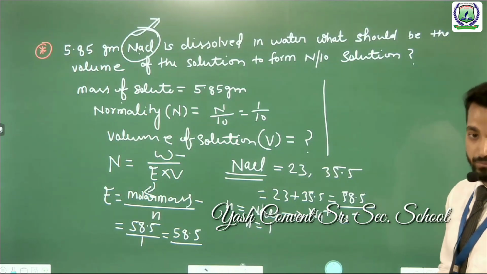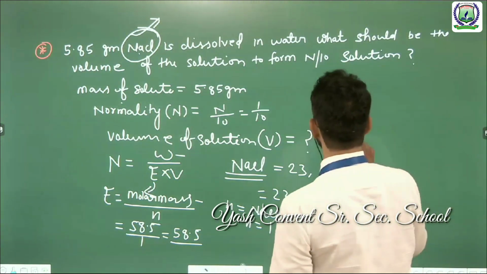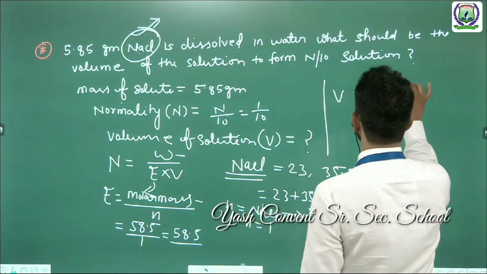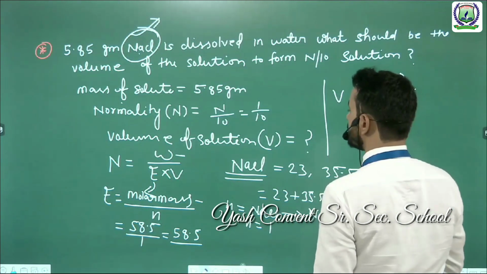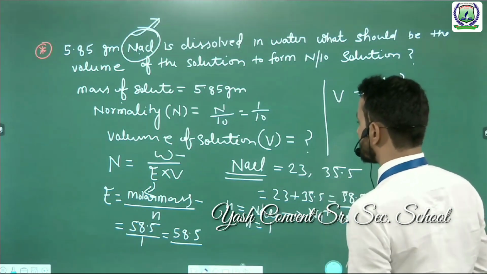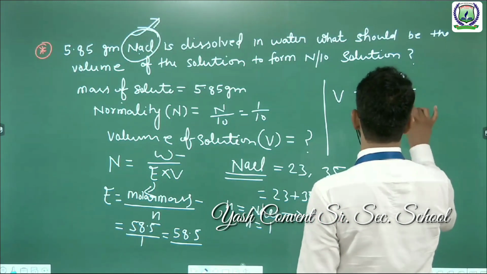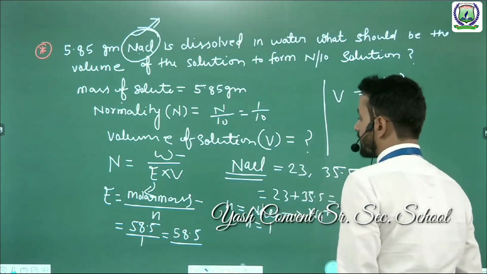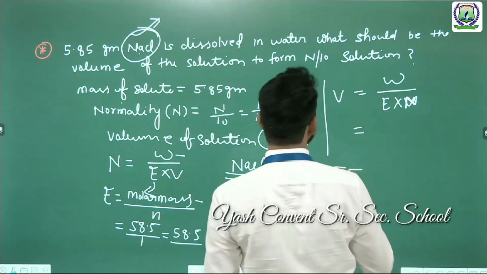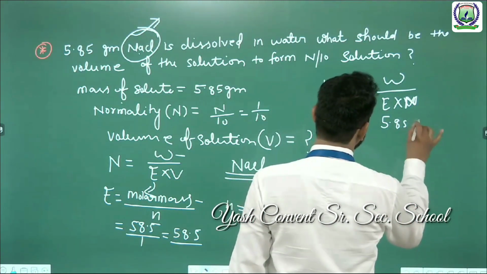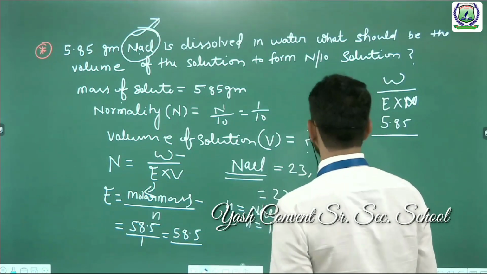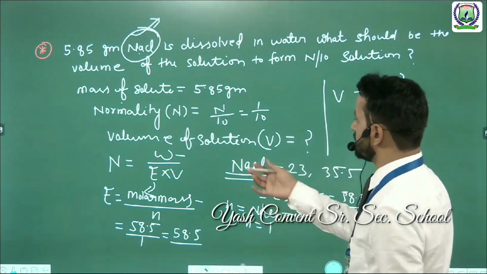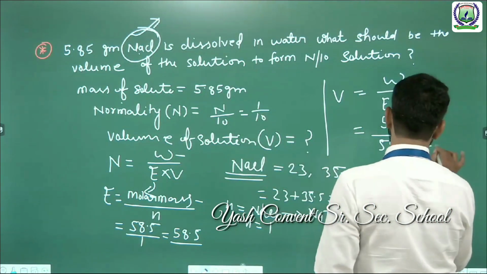So the volume of the solution V, by putting the values of mass of solute, equivalent mass and normality, is V equal to W upon E into N. Mass of solute is 5.85 upon equivalent mass 58.5, and normality is 1 by 10.